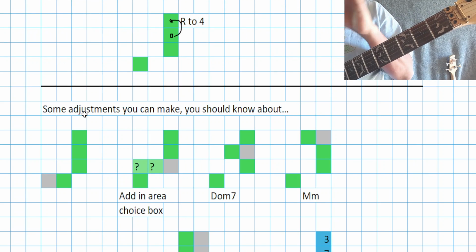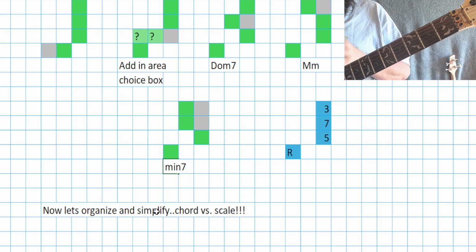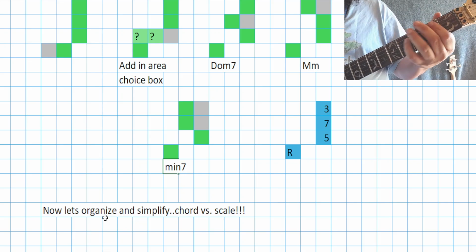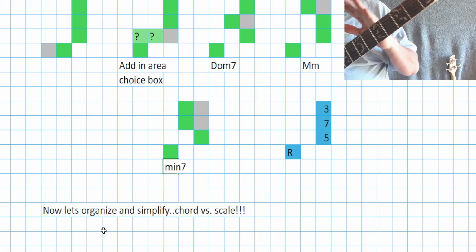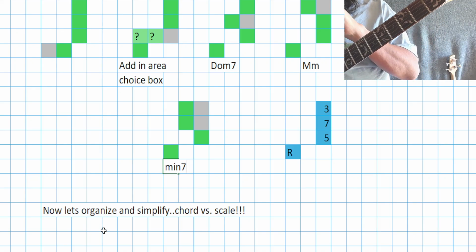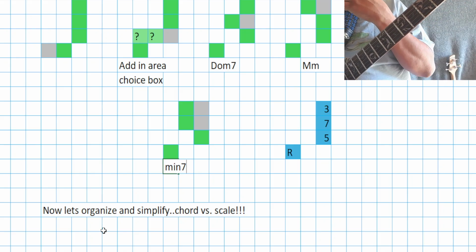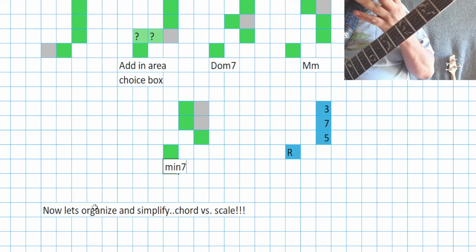Alright, let's organize and simplify chord versus scale. The next thing we've got to know, let's be done with this and move on. To really make this lesson kick, I'm going to show you that this shape plugs into these scales. It's particular, and because it's particular, it sounds like it would be so hard to know how to get.